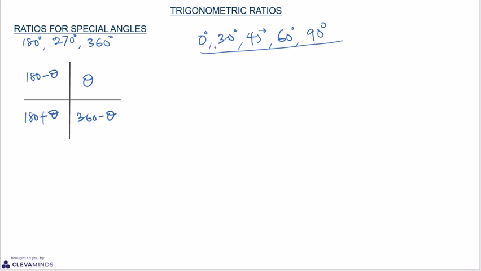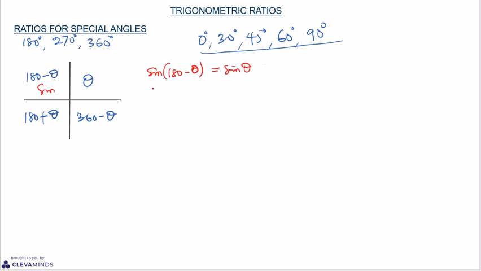Recall that in previous classes I told you that sine of 180 minus theta is equal to sine theta. Why? Because sine is positive in the second quadrant. The rest, I mean cosine and tangent, are negative.